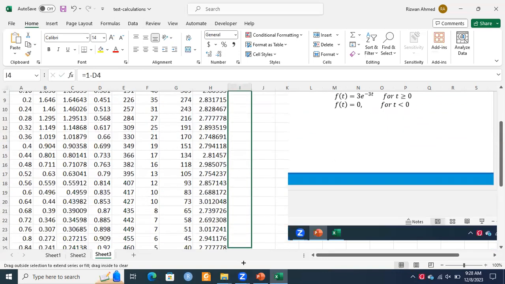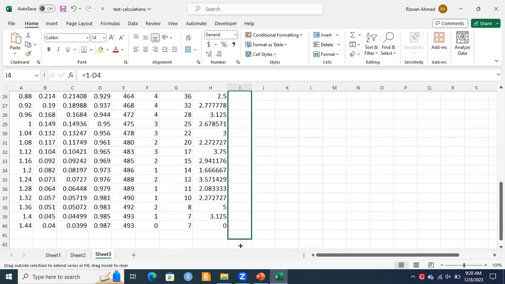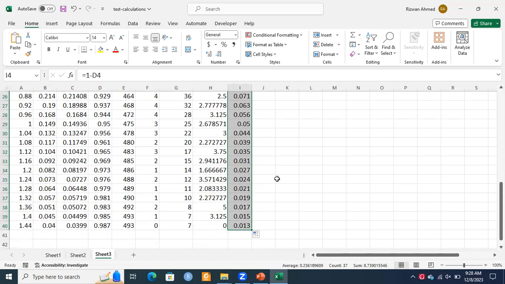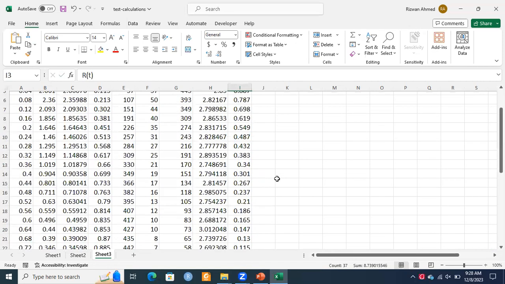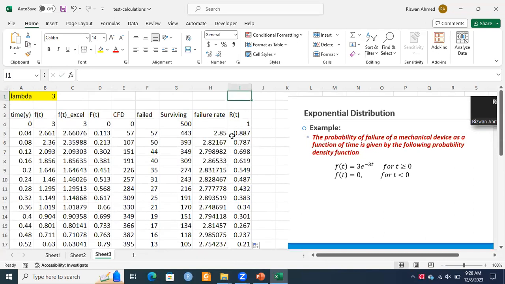So it will be the normalized one, as if you calculate the parameters and functions without defining the total number of components. It is the complement of F of t. So if you add F of t plus R of t, they are equal to 1.